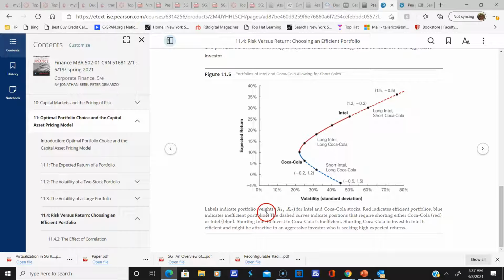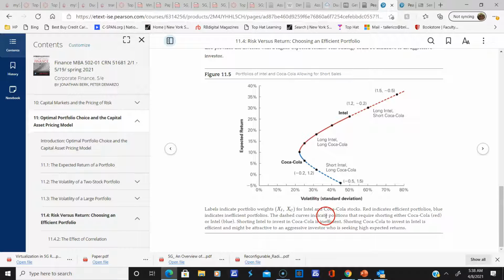The labels indicate the portfolio weights, Intel and Coke. Red indicates efficient portfolios, and blue indicates inefficient portfolios. The dashed curves indicate positions that require shorting either Coke, red, or Intel, blue. Shorting Intel to invest in Coca-Cola is inefficient, and we see that here.